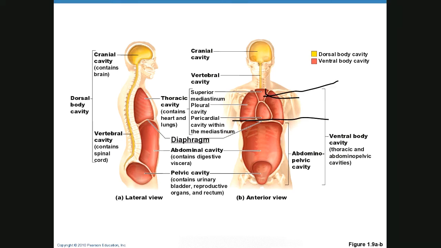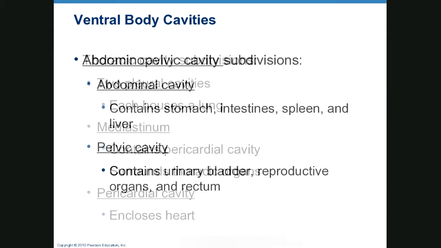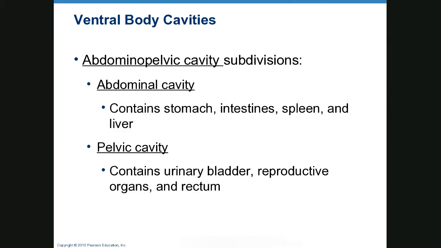Now, thoracic cavity is divided into two pleural cavities where your lungs hang out. And then you have, after that, your mediastinal cavity here, which is divided into the cardial cavity where your heart is and the superior mediastinal cavity.